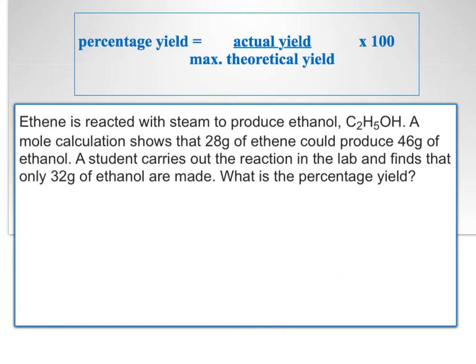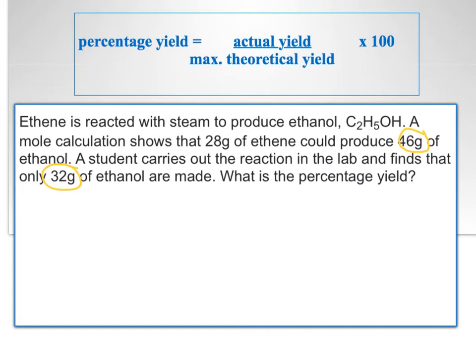This must therefore be his yield. The maximum theoretical yield is from the mole calculation. So the second sentence says a mole calculation shows that 28 grams of ethene, the reactant, could produce 46 grams of ethanol. That 46 grams must therefore be the maximum theoretical yield.